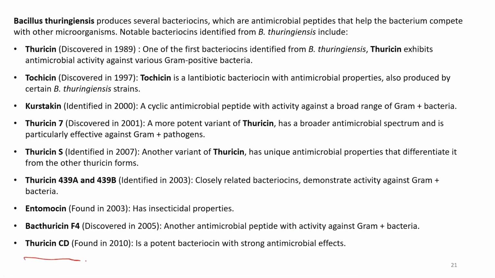Then there is thuricin CD, discovered in 2010, which is a potent bacteriocin with strong antimicrobial effects. So, we see that Bacillus thuringiensis offers many different kinds of bacteriocins, and some of these are effective against gram-positive bacteria, and some also have insecticidal properties.